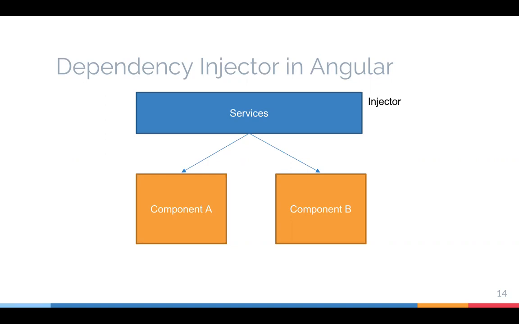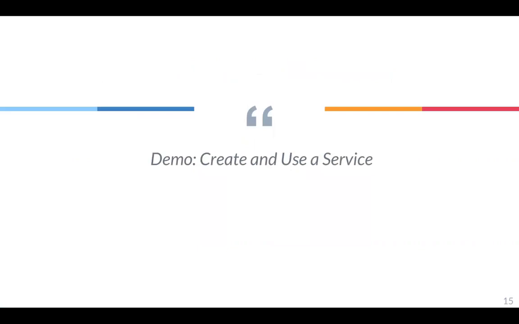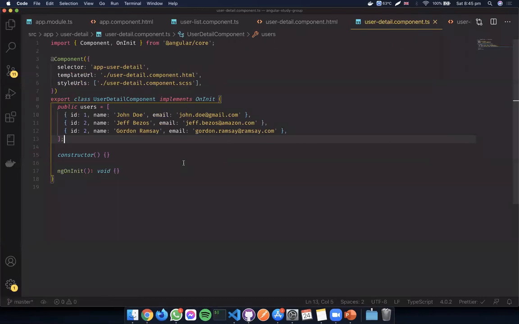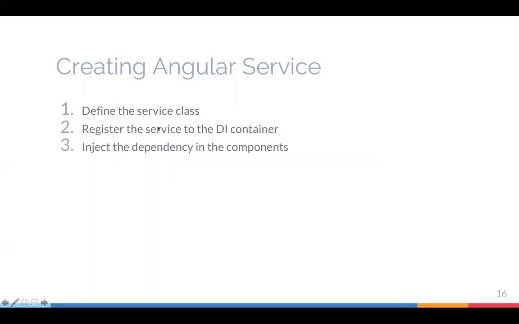Okay, now I can show you how to create a service in Angular. So let's go back to the code. These are the steps to create the Angular service. First, we need to define the service class.